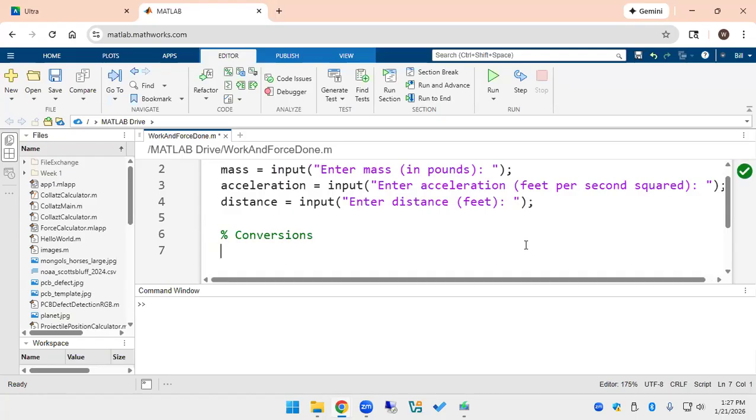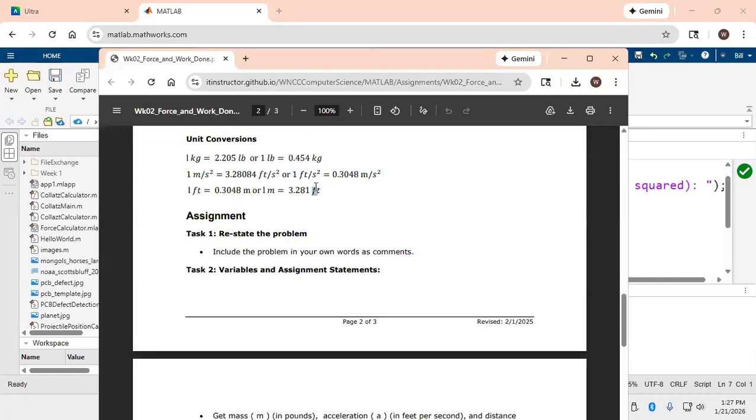We're going to convert the mass from pounds to kilograms. You can look it up on the internet, but here it is. So if 1 pound, which is what's coming in, is 0.454 kilograms, what is our math formula to convert this to kilograms? What would we calculate? Mass times that.